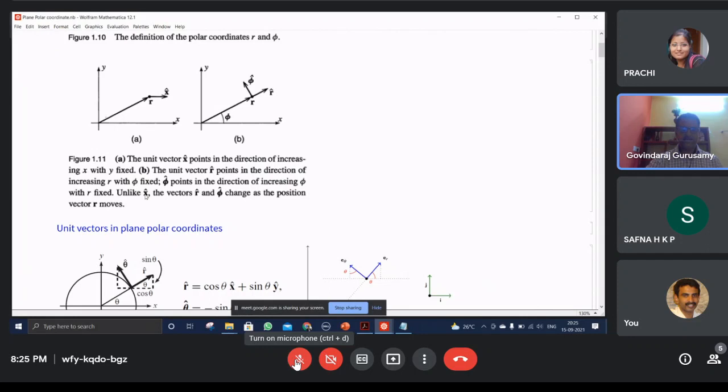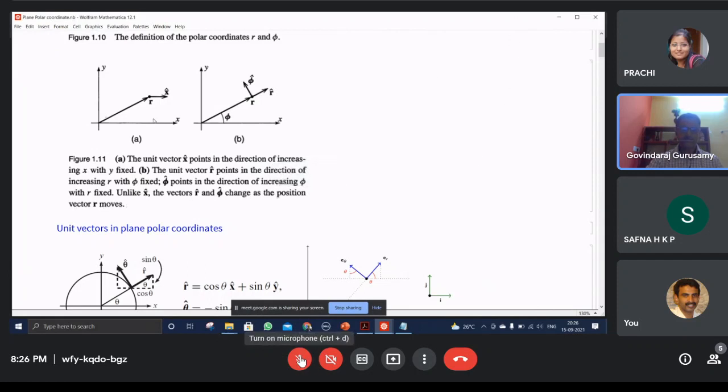Unlike x cap, the unit vectors r cap and phi cap change as the position vector r moves. This is an important statement. Unlike x cap and y cap, the unit vectors r cap and phi cap change as the position vector r moves.